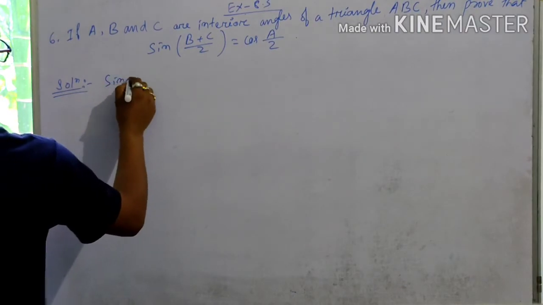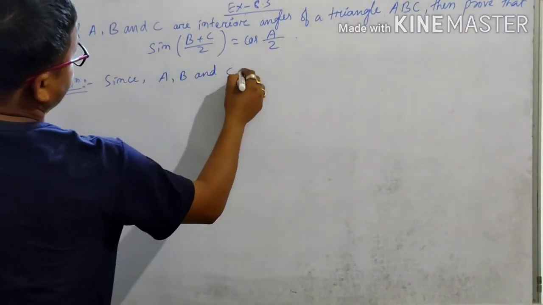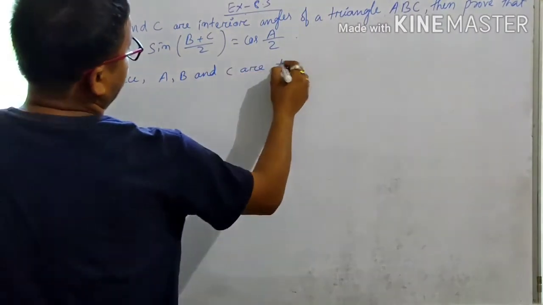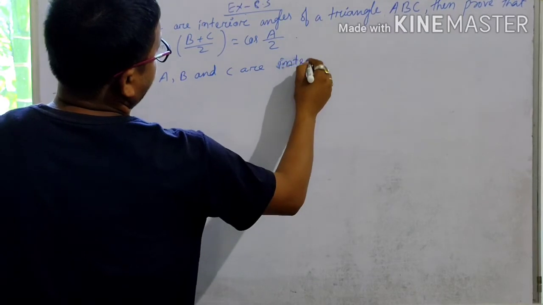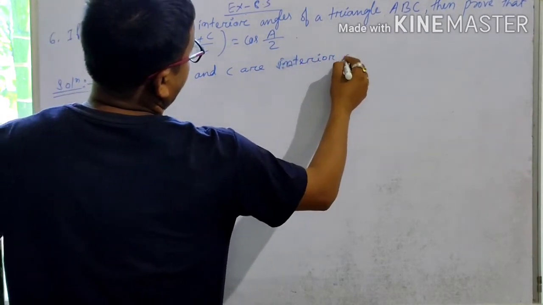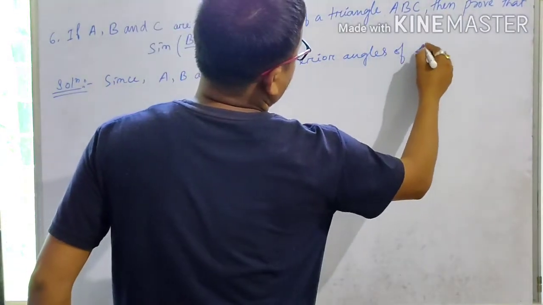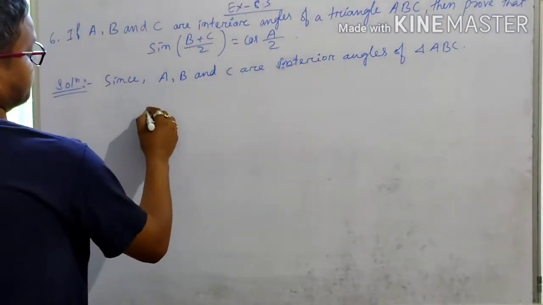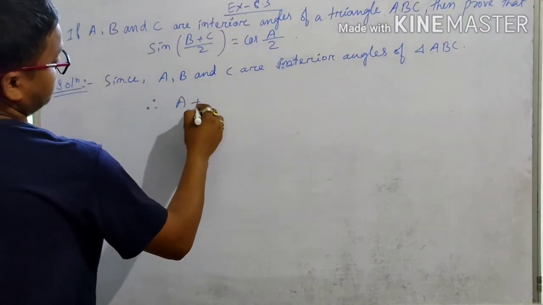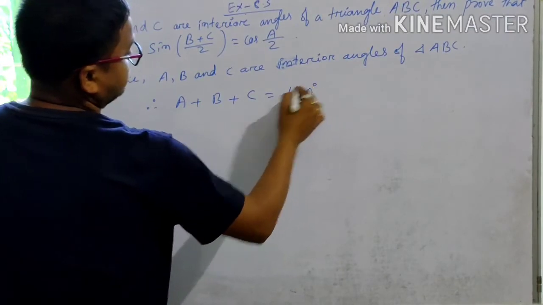Since A, B and C are interior angles of triangle ABC, we know that angle A plus angle B plus angle C is equal to 180 degree.